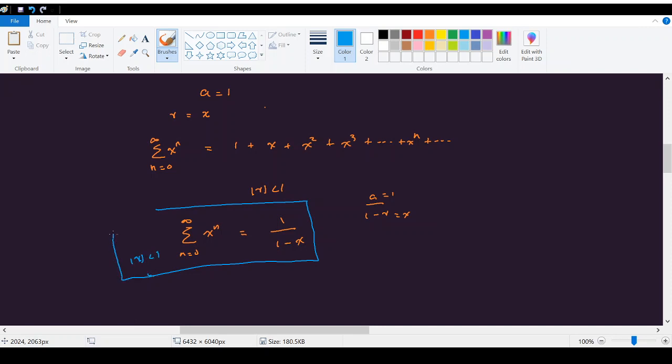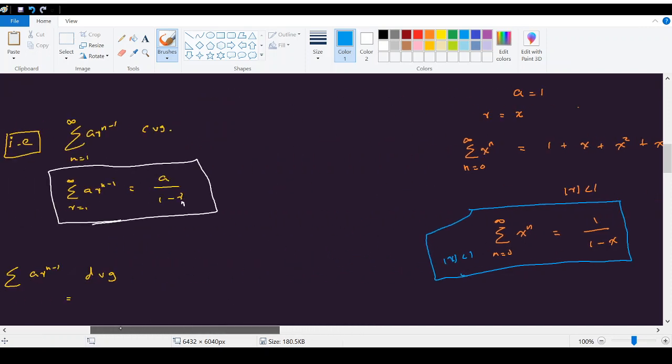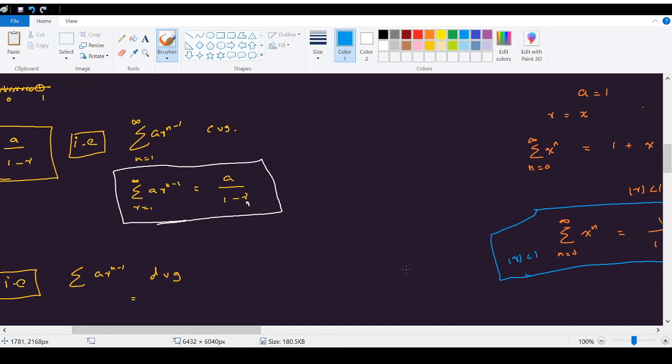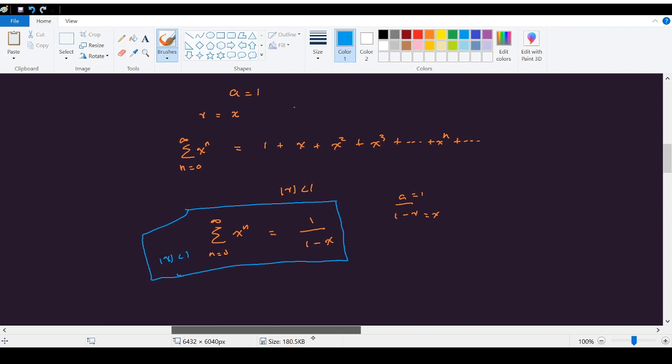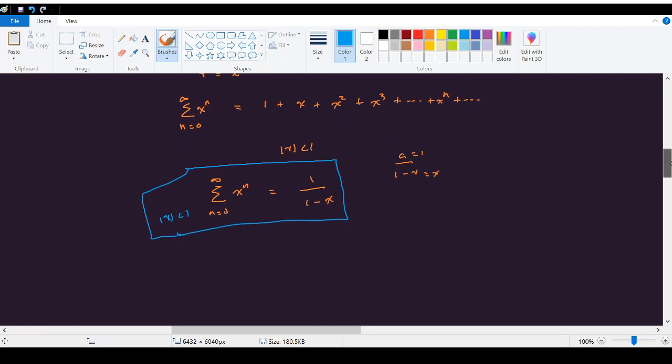Now if you know the equation of the geometric series, you can of course obtain this result, but sometimes without any mentioning of the geometric series, we directly use this relationship. And there's another thing that I want to show you.